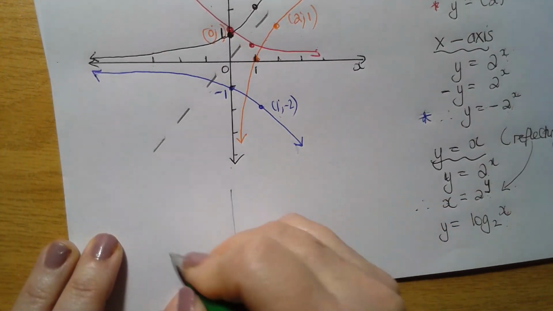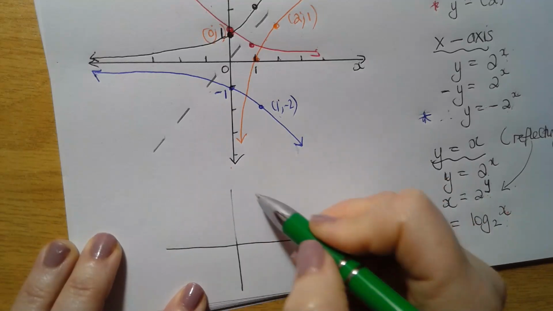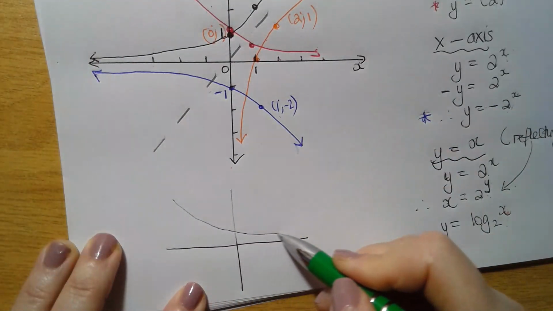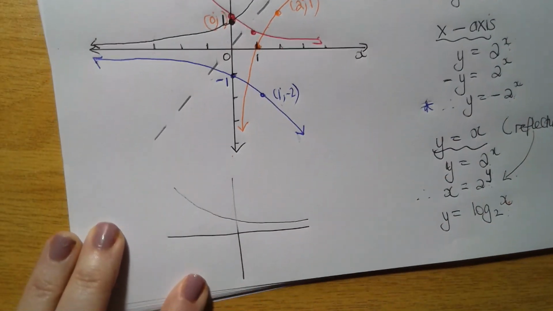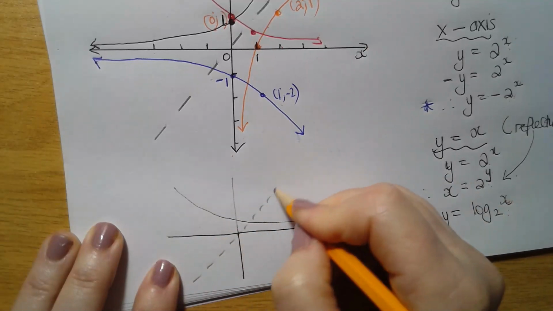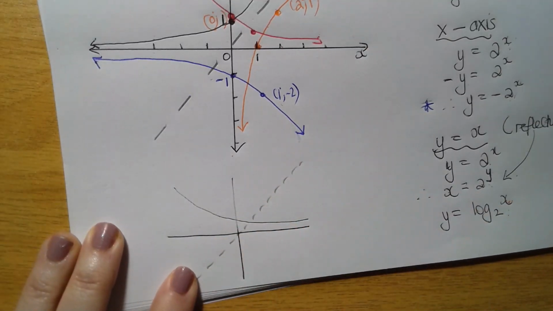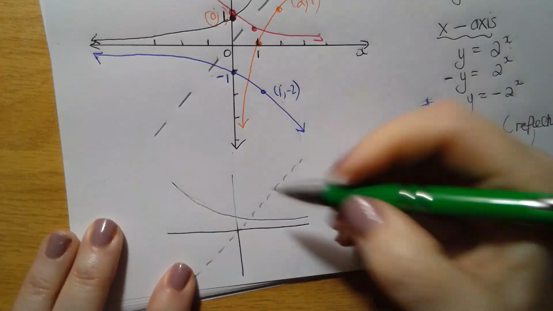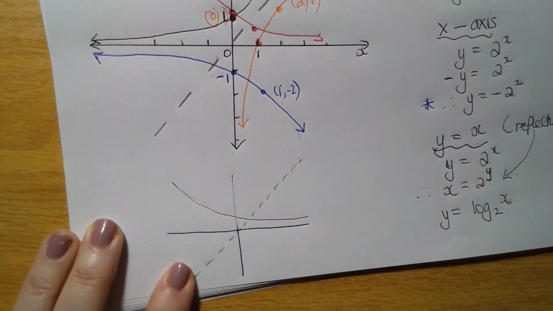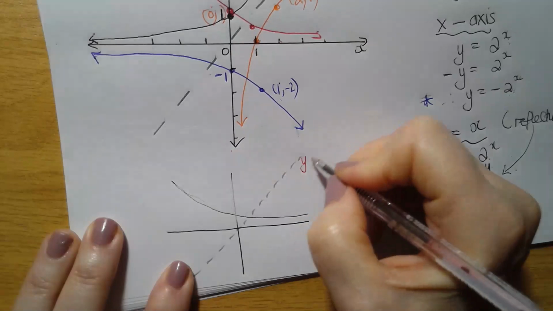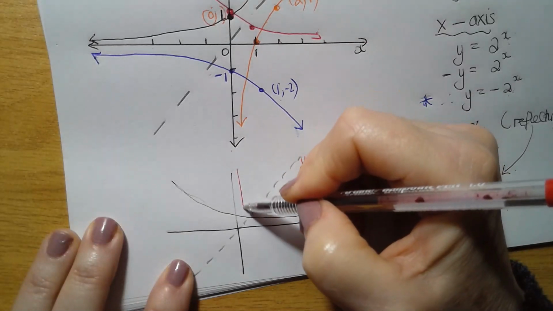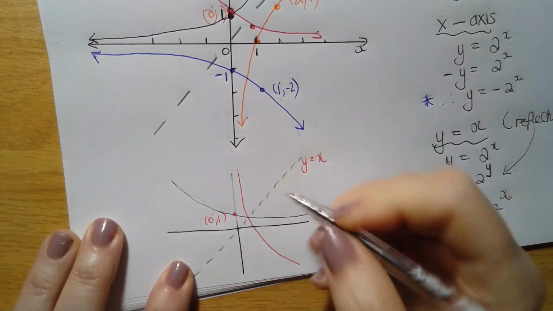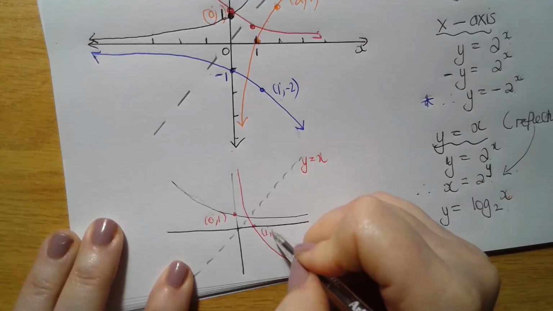Just one more little thing. If you had the negative exponential, say the decreasing function, the red one, and you had your line y equals x, this is just a very rough sketch. So this was your decreasing exponential. If you take this curve and reflect it over the line y equals x, you would get that curve, because this would still be (0, 1), which would still become (1, 0).